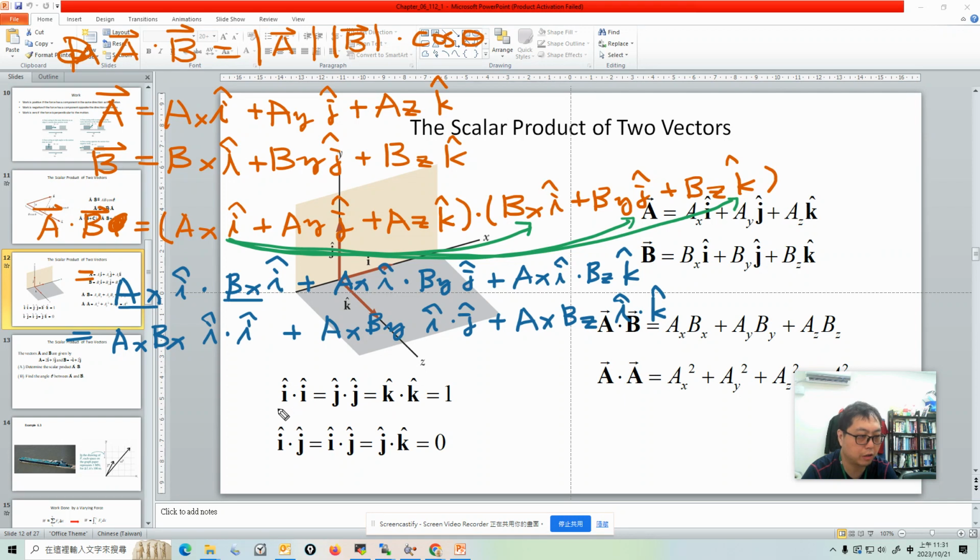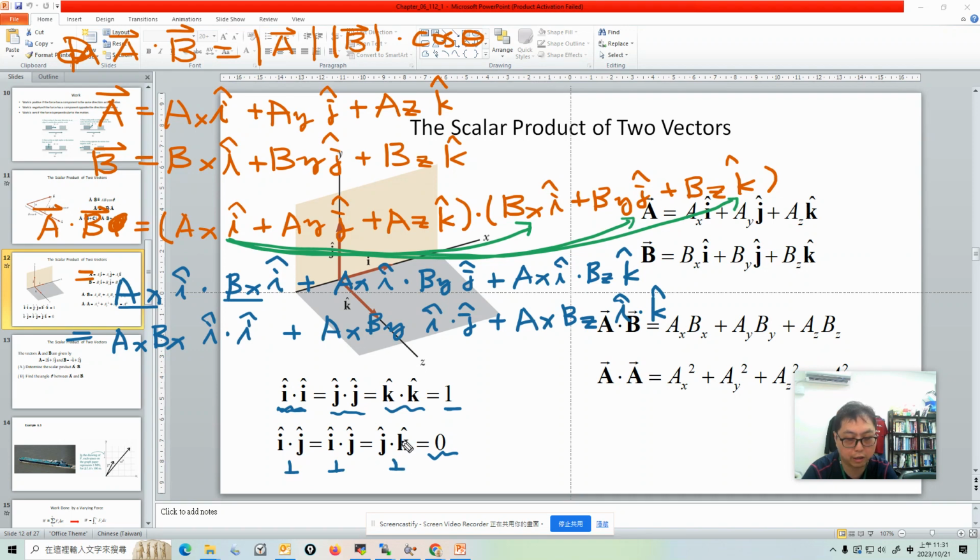There is a property for unit vectors. If the unit vectors are in the same direction, the dot product is 1: i dot i is 1, j dot j is 1, k dot k is 1. But for different unit vectors, the dot product is always 0, because they are perpendicular to each other.